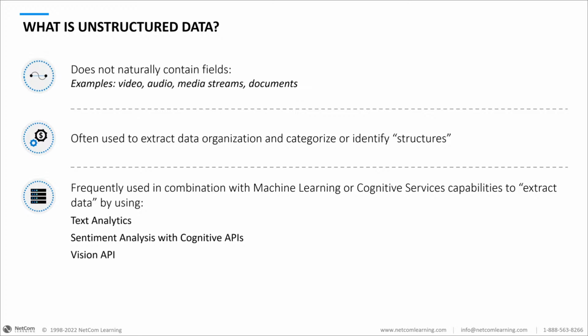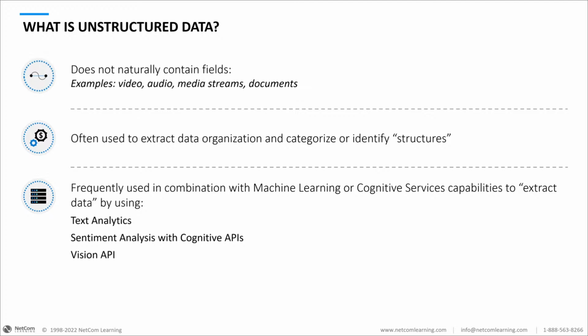Because there's no structure to them. They're just video files. They can have metadata that would describe the file, and that could theoretically be used as structured data. But the content or the file type itself does not contain fields in it. It's just a file. It's also often used to extract data and categorize or identify structures.